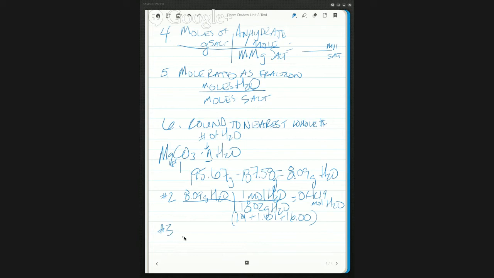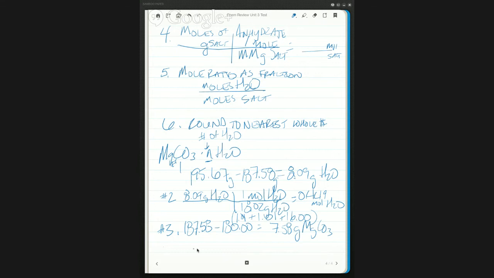Step number 3, I'm getting the mass of the anhydrate. To do that, I subtract the glass from the mass after heating: 187.58 minus 180.00 gives me 7.58 grams of MgCO3.